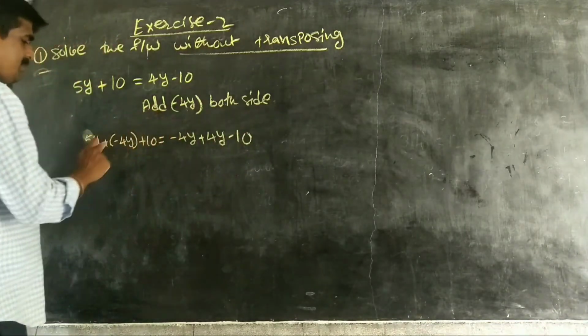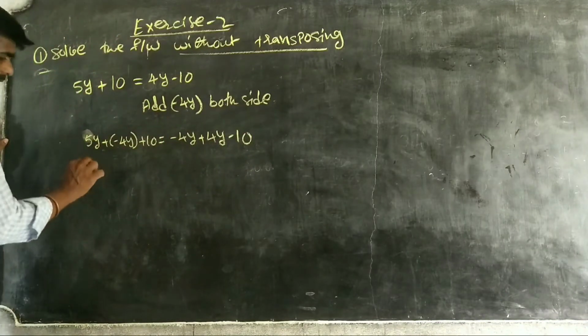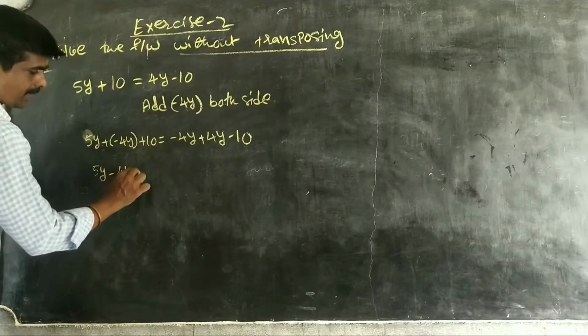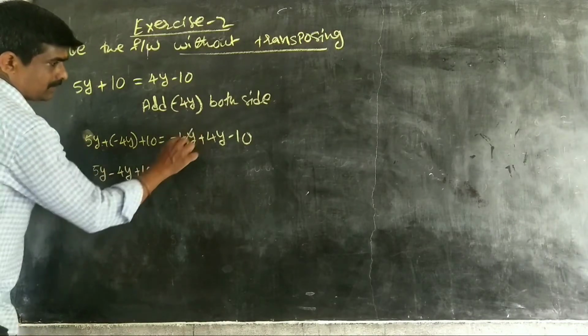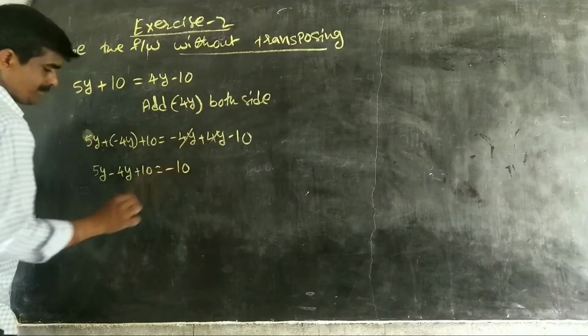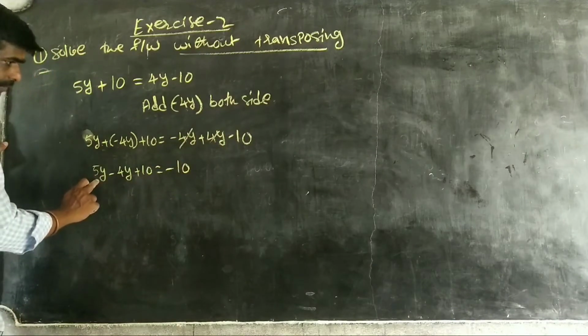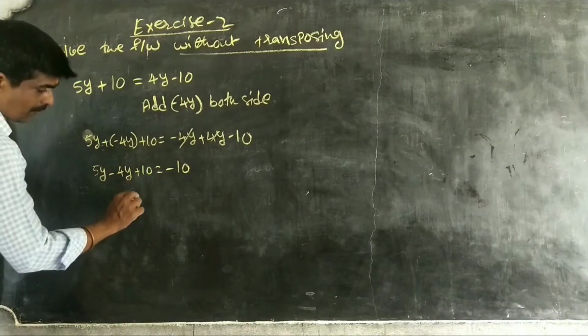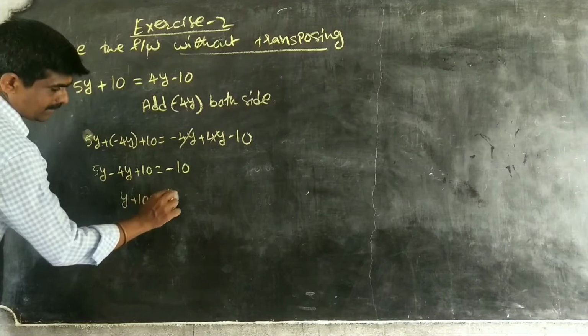Plus into minus gives minus. So 5y minus 4y plus 10 is equal to minus 10. 5y minus 4y is y, so y plus 10 is equal to minus 10.